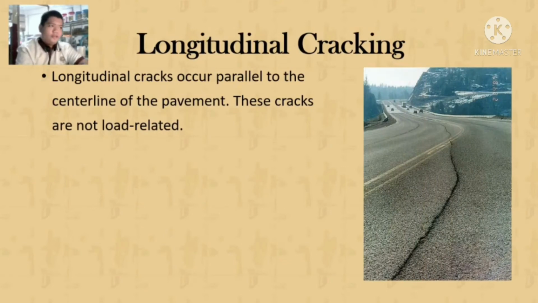Longitudinal cracking. Longitudinal cracks occur parallel to the center line of a pavement. These cracks are not load-related. They can be caused by a poorly constructed joint, shrinkage of an asphalt layer, cracks reflecting up from an underlying layer, and longitudinal segregation due to improper paving operation.